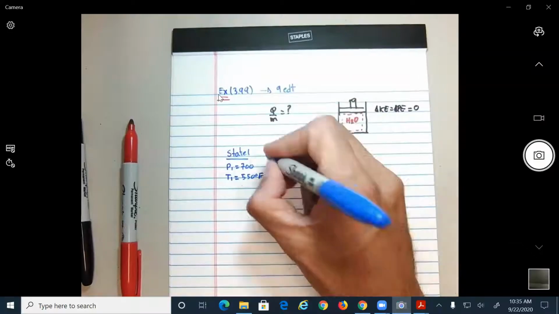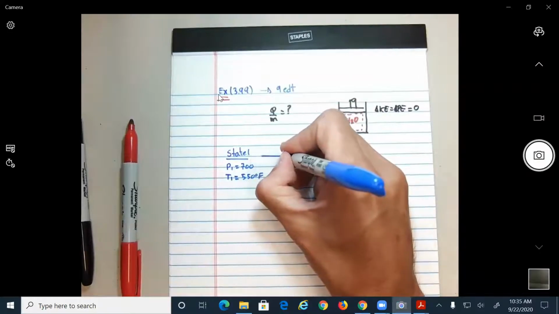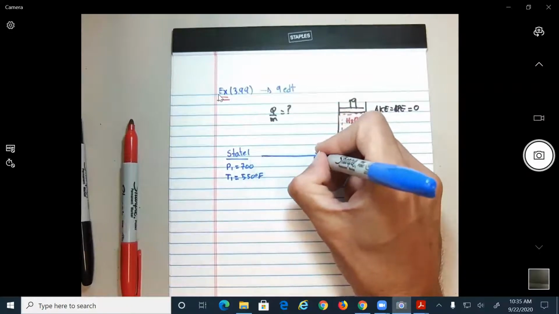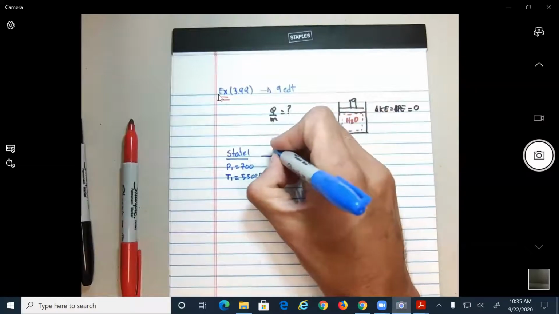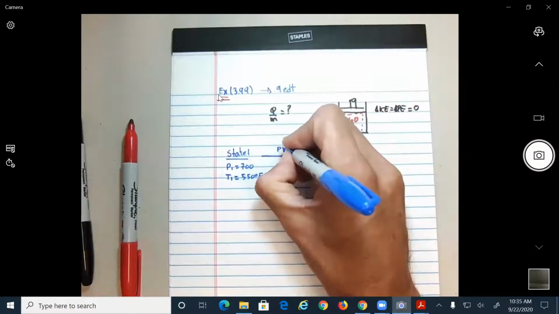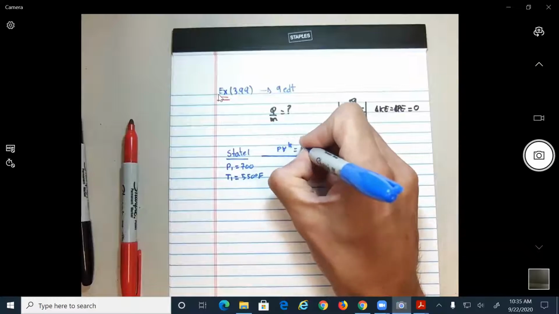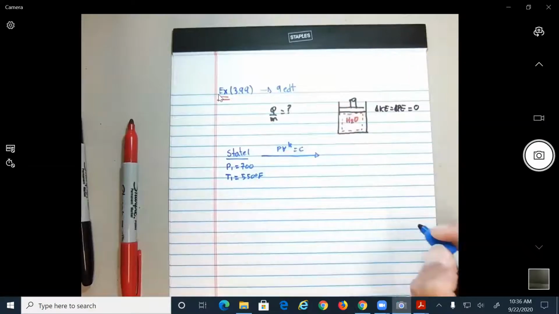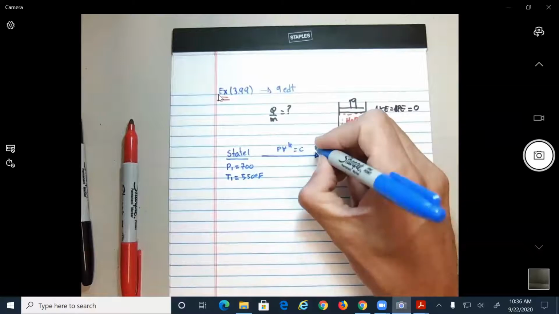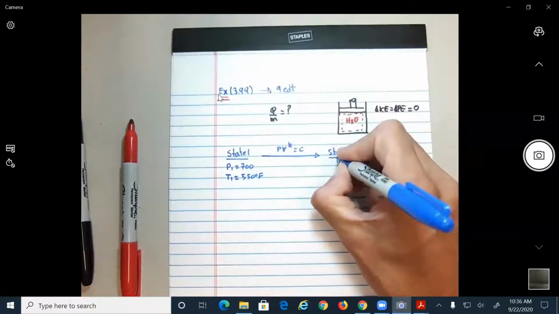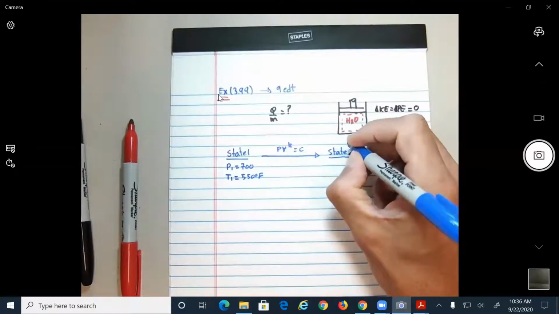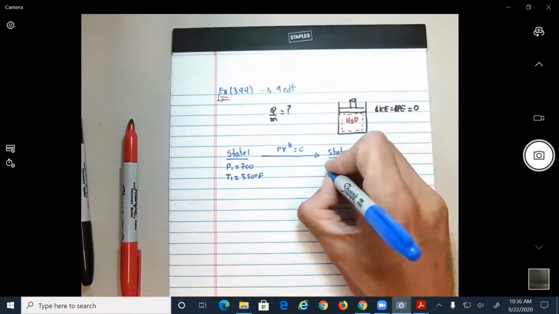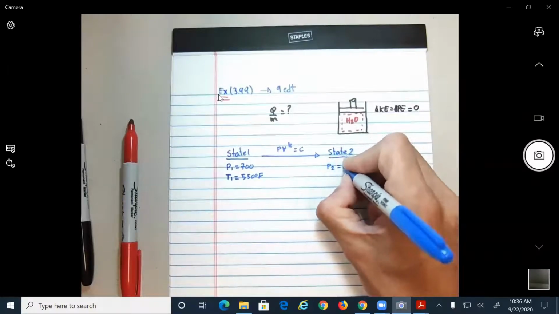Then it goes through a polytropic process, that means PV to the K equals constant, to a state 2 where you know that the pressure is equal to 3000.